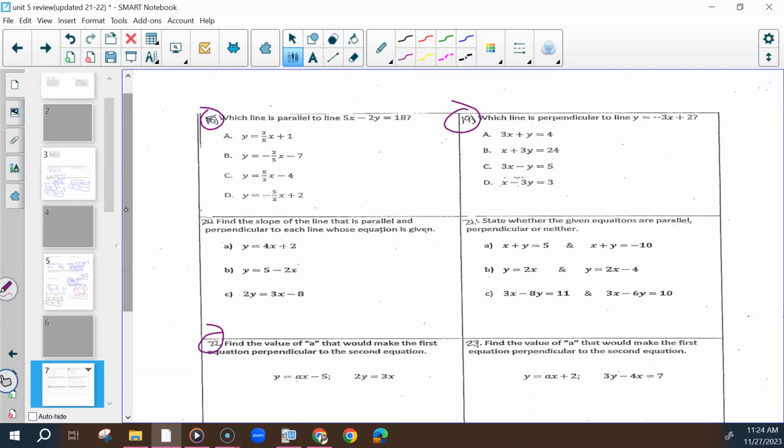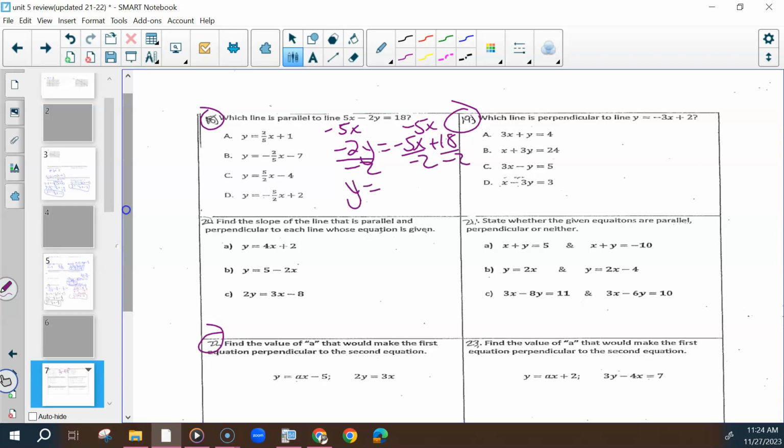Okay, for 18, we're looking for which one is parallel to this. So we have to solve this equation first by doing what? Subtract 5x from both sides. Negative 2y equals negative 5x plus 18, and then divide everything by negative 2.